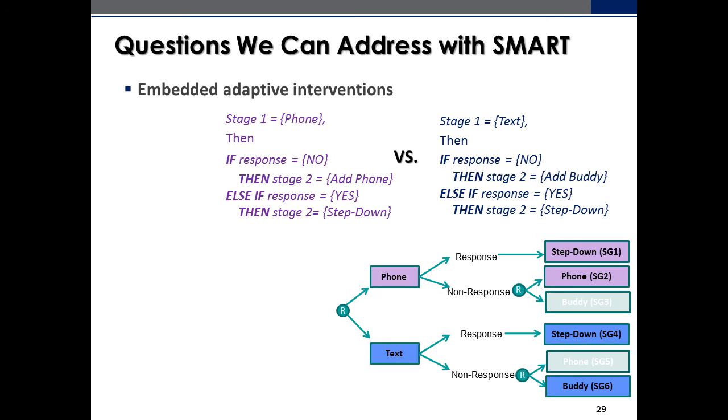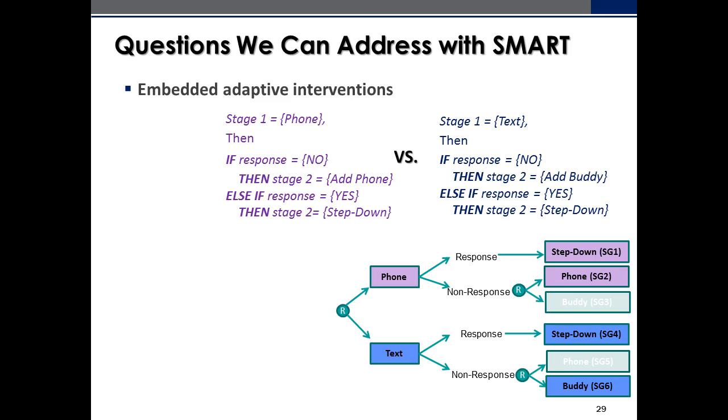So outcome data from both responders and non-responders will contribute to estimating the mean outcome under this adaptive intervention. So people in these two conditions were consistent with this adaptive intervention, and people in these two conditions were consistent with this adaptive intervention. And this is my comparison, two conditions versus two conditions.